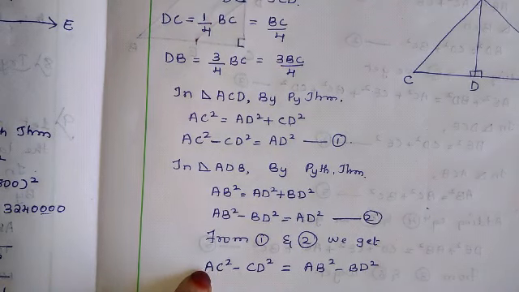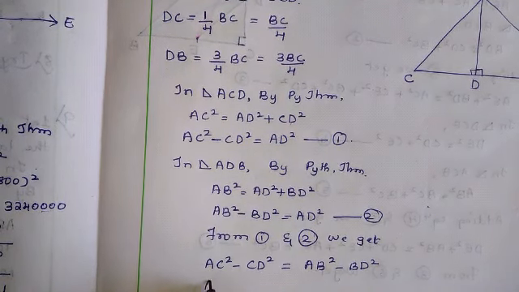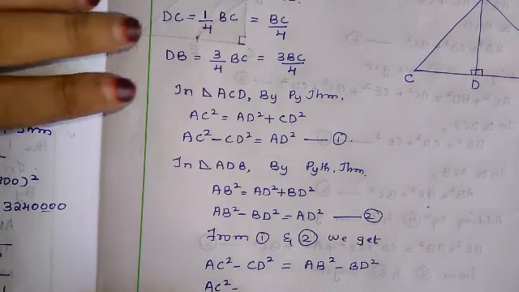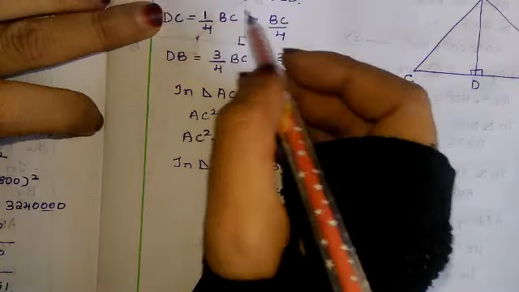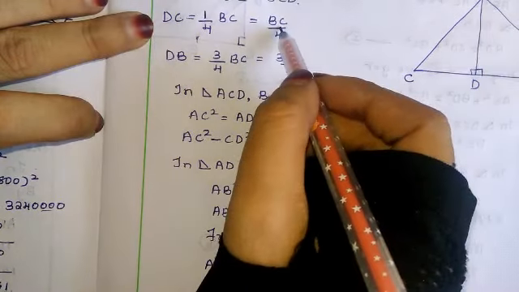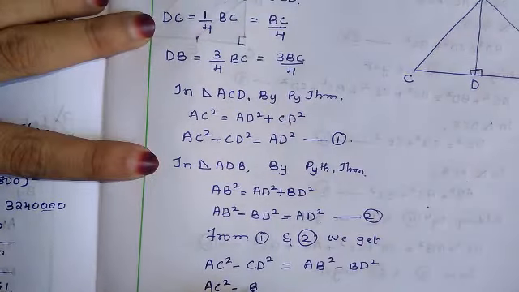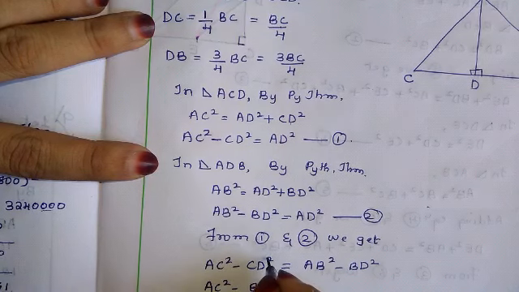Now AC square I'll write as it is, but the CD value we know here. The DC value you can see here is BC by 4. CD is nothing but BC by 4. I'll write BC by 4, and square is there, so we'll write square.